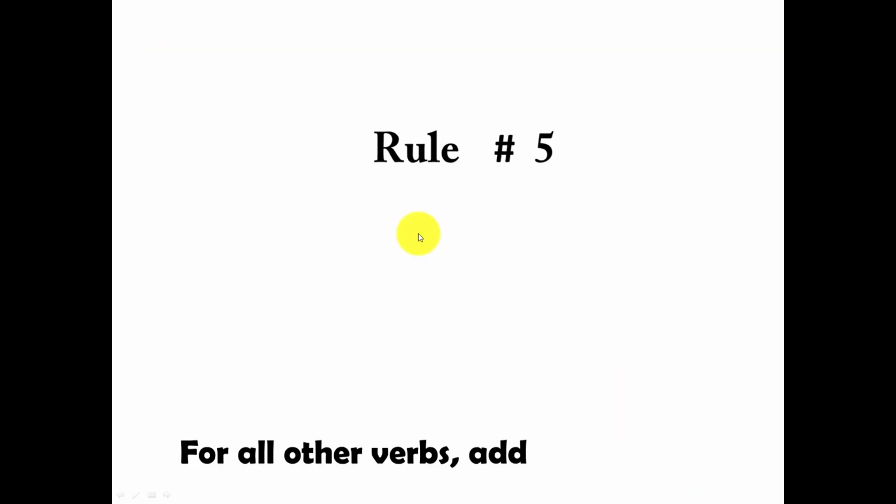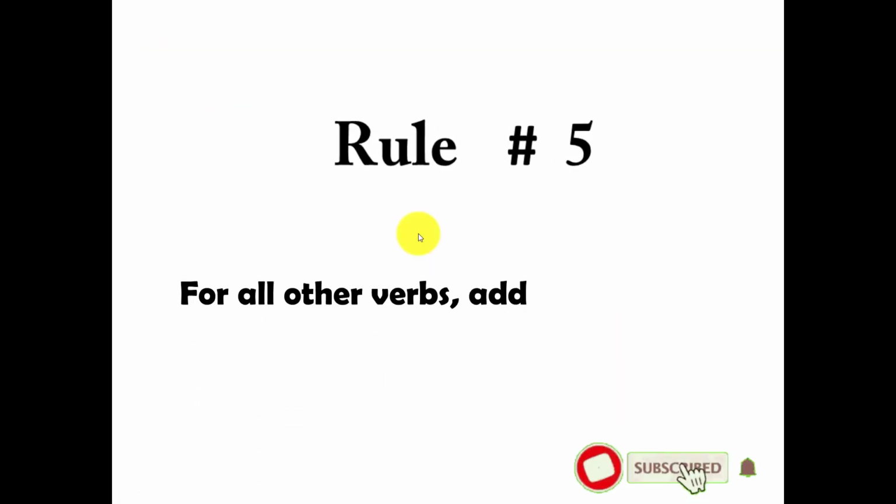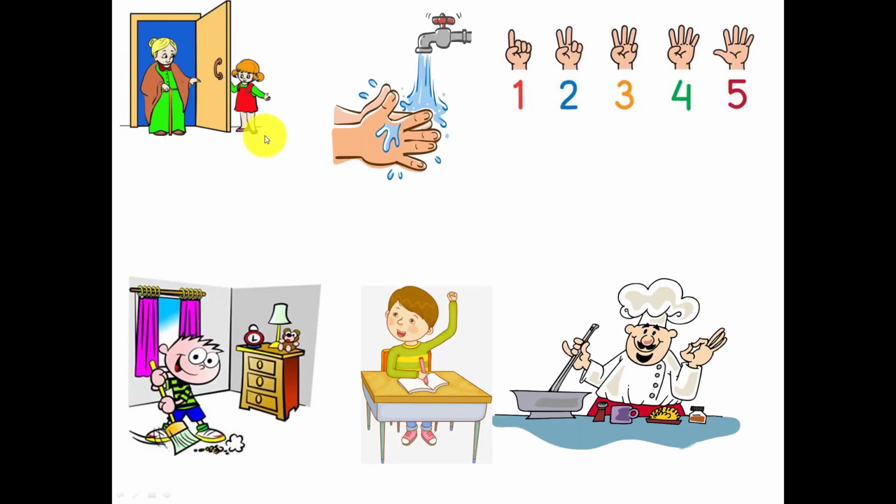Rule number 5. For all the other verbs, we simply add ED, which means for the rest of the verbs we just add ED. Like in here, picture number 1. Good. Open. Wash. Picture number 3. 1, 2, 3, 4. Yes, the verb is count.